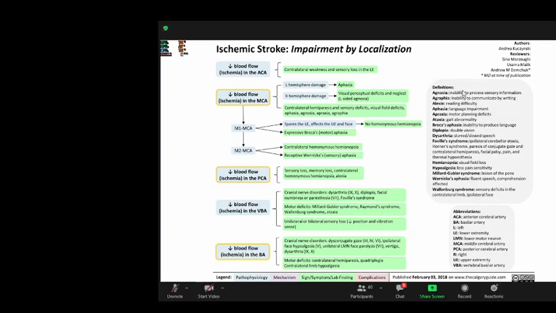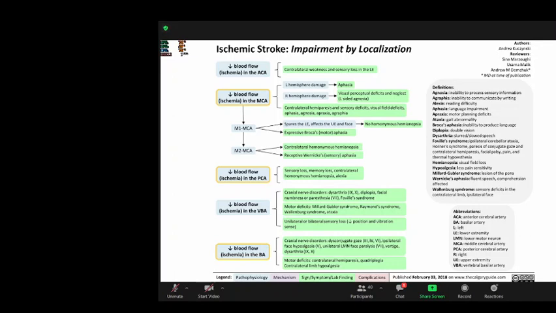Anong pipiliin mo dyan? Ayun pala, Horner syndrome. Horner syndrome, triad of Horner syndrome seen in Wallenberg. Okay. Horner syndrome, sige. It's due to your affectation of the autonomic nervous system. Again, the nuclei are in your 9 and 10.